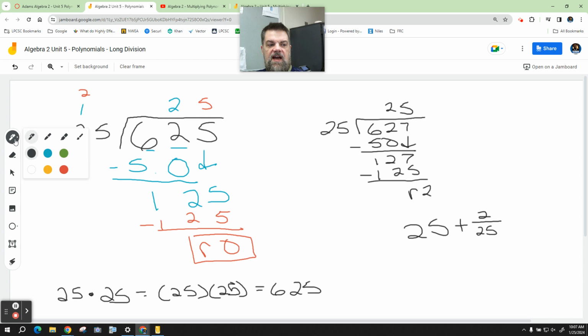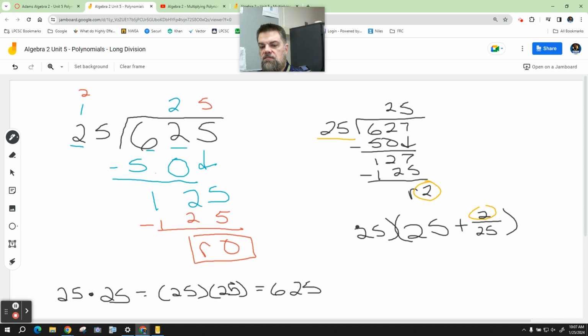So remember that the remainder 2 gets put on top of the divisor. Okay? But it's the same thing. If I were to multiply this by 25, I would get 627. So that's the process that we would go through.